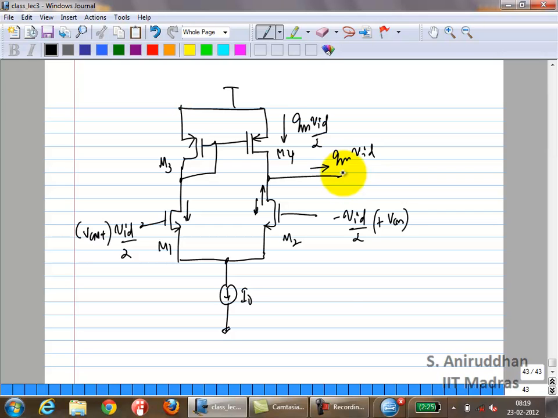What is your omega U? Let us say I'm going to add a capacitance C here.